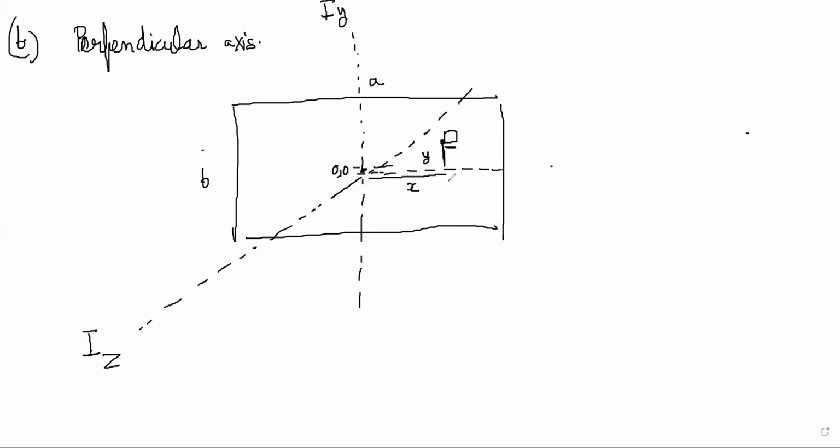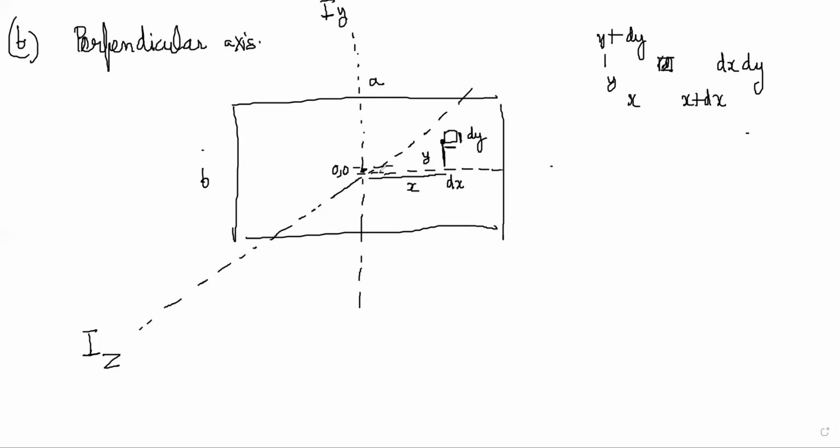Its thickness in this direction is dx and its height here is dy, right? So basically the area of that element will be dx dy, because it is going from x to x plus dx like this and y to y plus dy like that. So that is my small element.